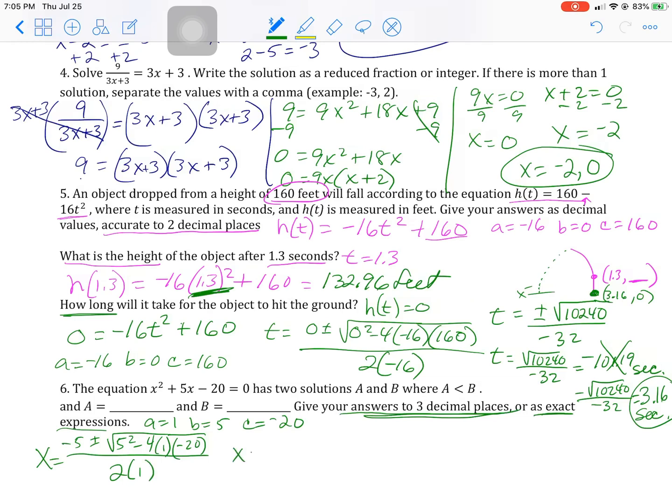And then I always find my entire discriminant at once. Square the 5, you get 25. I got 2 negatives, so it's going to be a positive result. 25 minus a negative, and then that should come out to 105 over 2. So x equals negative 5 plus 105.